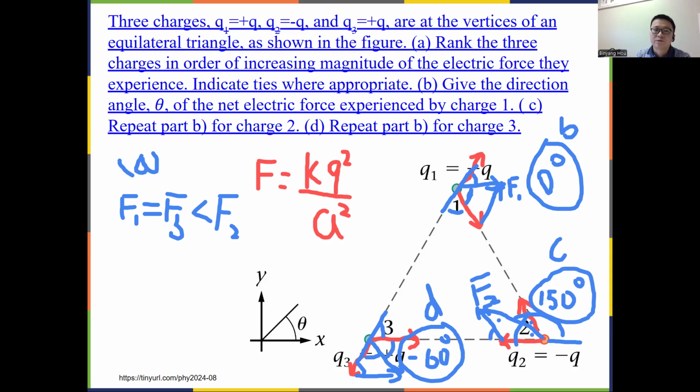So F1 equals F3, less than F2. And for the angles, 0° for F1, 150° for F2, and then minus 60 for F3, because it's actually below the horizontal, so we say it's negative.